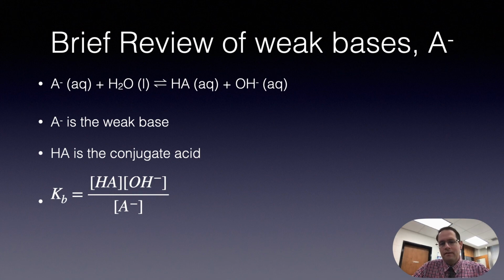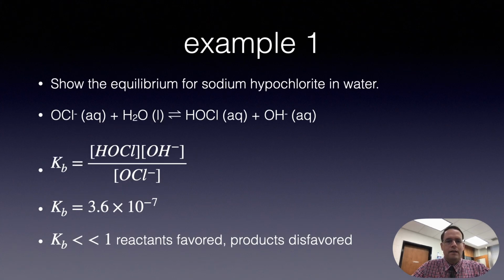Okay. Now the Kb, remember, is the base equilibrium constant, so it's products over reactants. Neutral water does not enter into this equilibrium because it's a liquid. Now, what we want to do here is show the equilibrium for sodium hypochlorite in water.